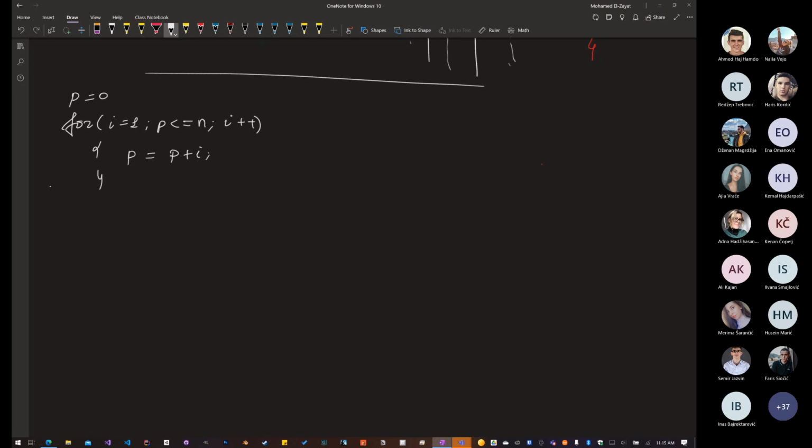For the hackers out there, can you guess this one? Well, the order is just n. The order is just n.